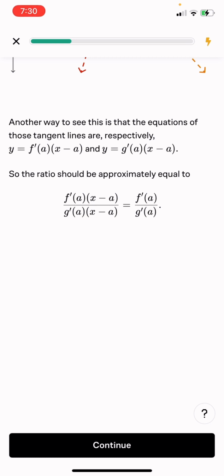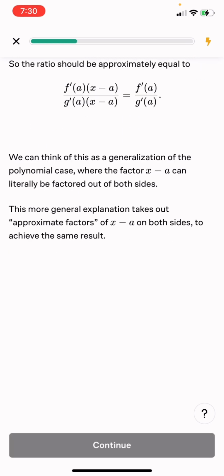Another way to see that is in the equations of those tangent lines, y equals f prime a times x minus a, and y equals g prime a times x minus a. The ratio should be approximately equal to f prime a times x minus a over g prime a times x minus a, which equals f prime a over g prime a.